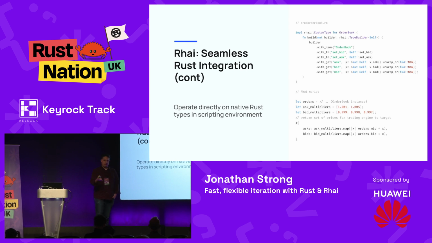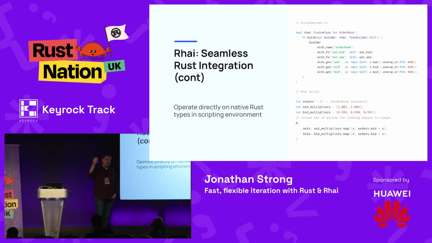But assuming that orders, the variable binding at the top of that script, is in the scope of your script, you now have the ability to call all the methods that we defined in that custom type trait implementation, and you are acting on the native Rust instance.